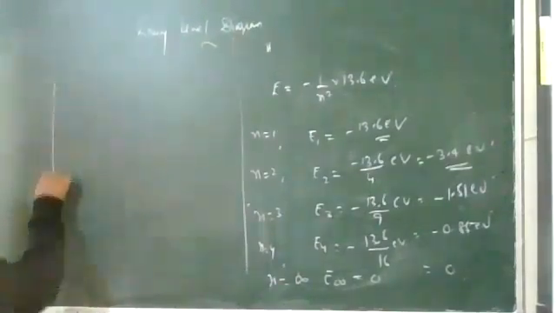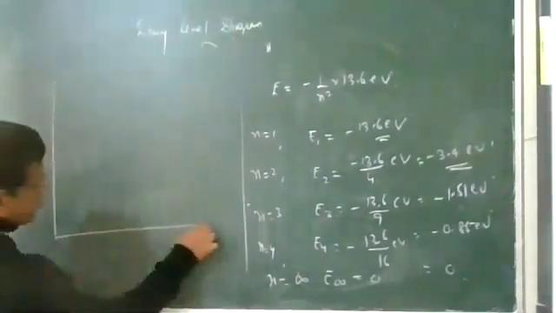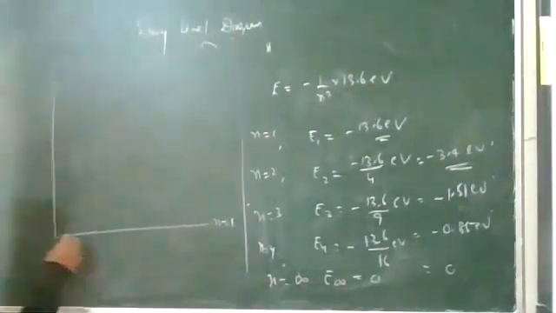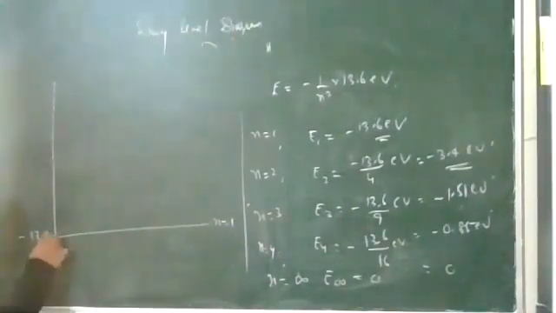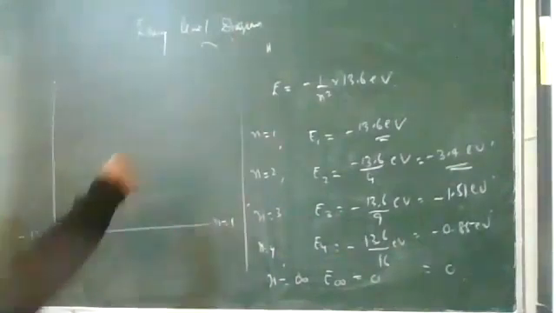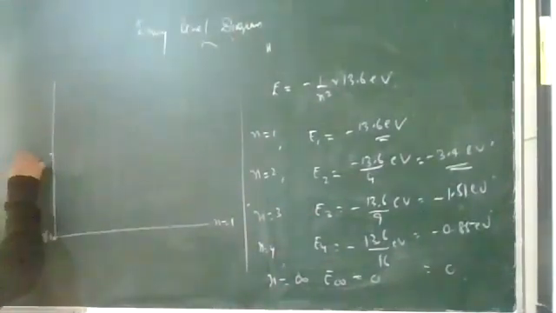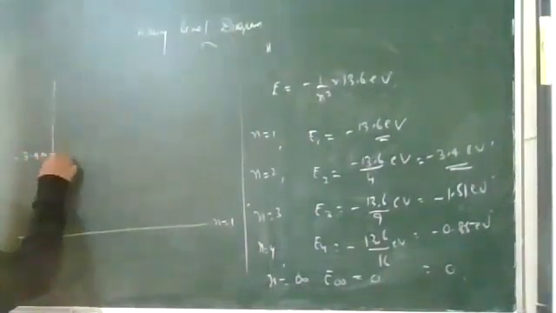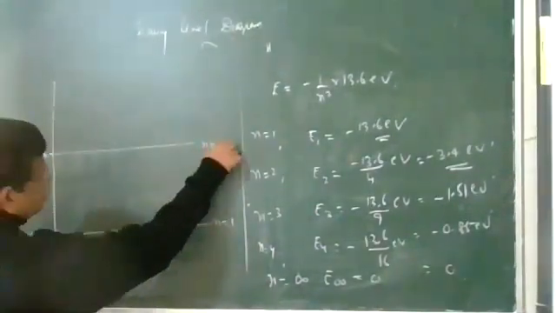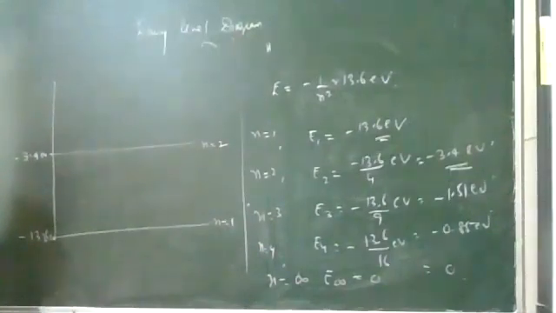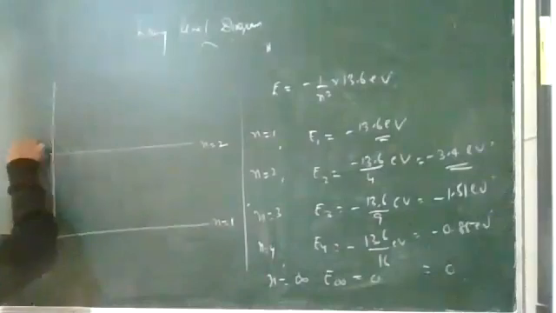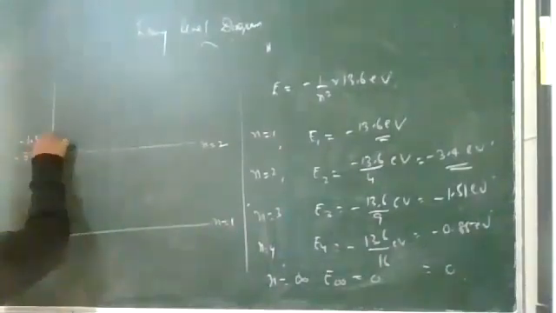The equal separation is not there. N equal to 1, so we start from here, minus 13.6 electron volts. Next value we are getting is minus 3.4, this is right here, n equal to 2. Next one, n equal to 3, it is minus 1.51 electron volts.